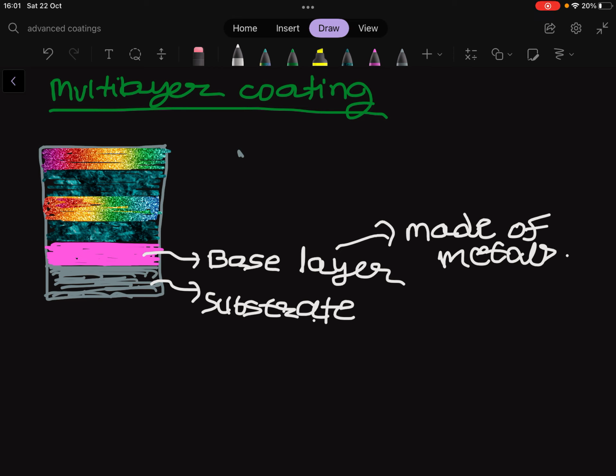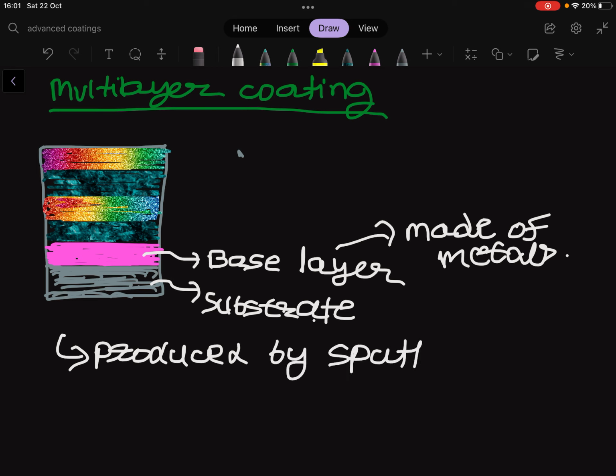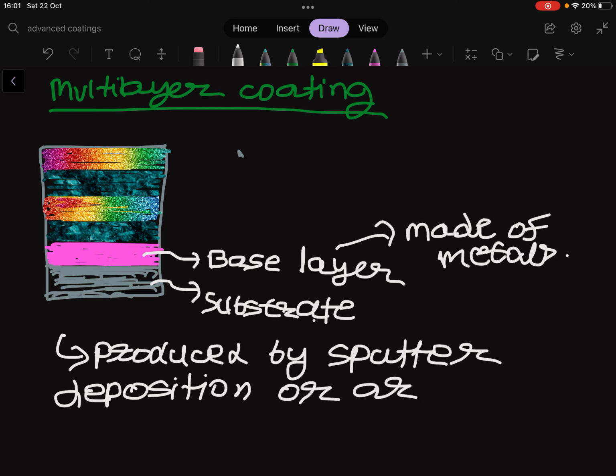Typically this type of coating is produced by sputter deposition or arc deposition method.